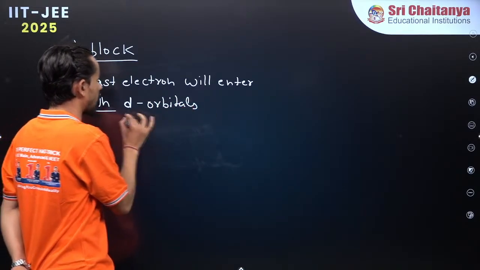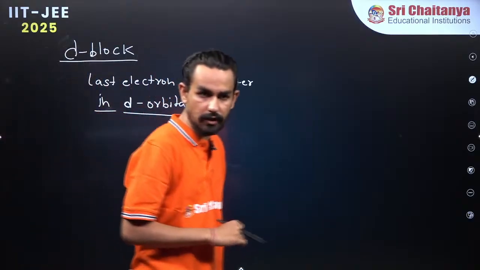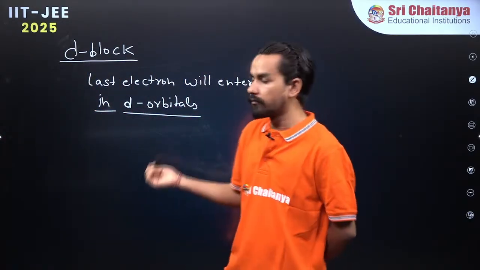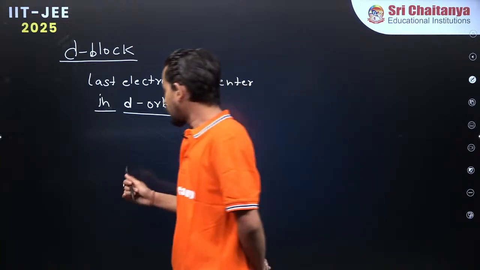The last filled subshell will be the d subshell, and the last orbital in which an electron is filled will definitely be a d orbital. These are the d block elements.